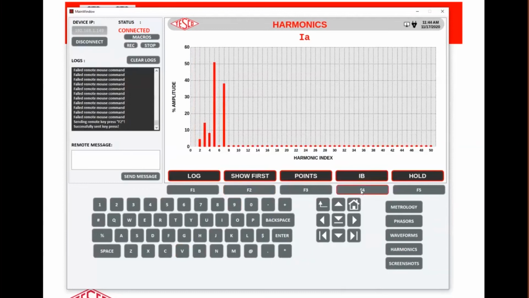Okay. I can look at the voltage and the current at the same time if I want to. And remember, even though you have a harmonic in the current, unless you see the same harmonic in the voltage, those harmonics are only going to contribute to the VA and not to the billed power.